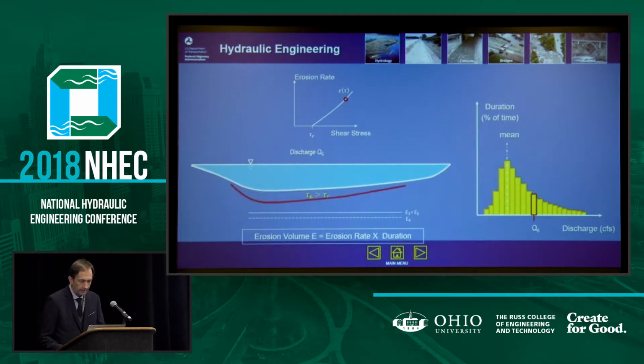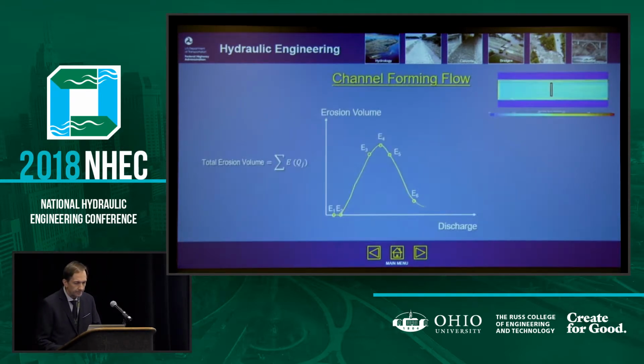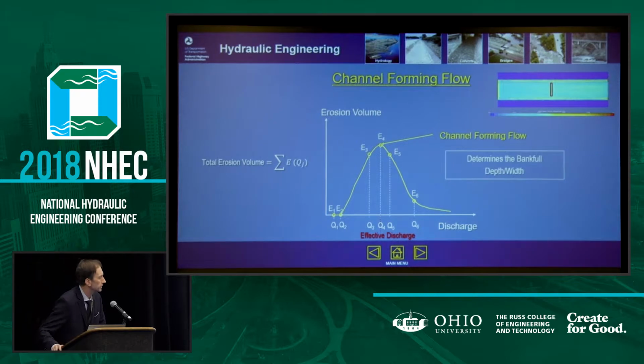But the bottom line, if you plot all these erosion volumes, you will have somewhere a maximum of all these volumes. And I think it was also identified in the previous presentation, that's what we call the effective discharge.